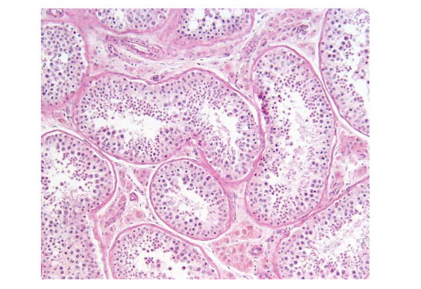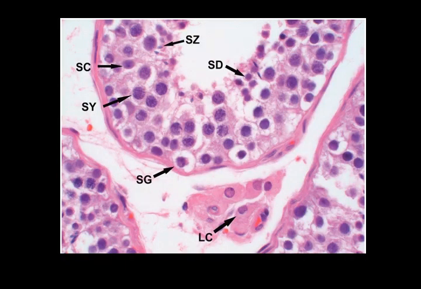So a closer look at what's going on in each of these tubules. You recall sitting around the outside against the basement membrane, we've got the undifferentiated germ cells, which are also called the spermatogonia. These go through a process of division and maturation in the tubule as they move into the center.